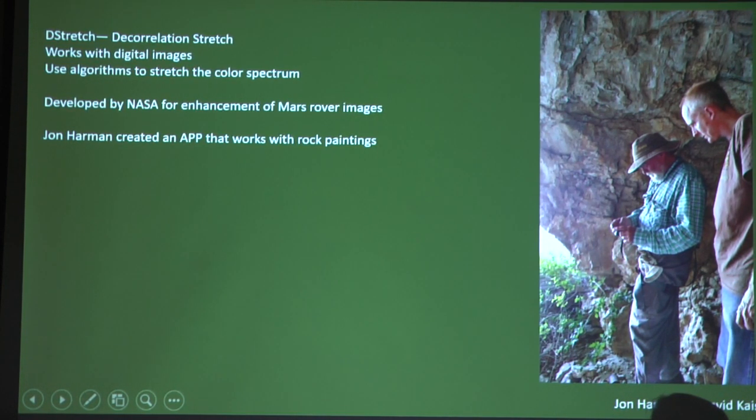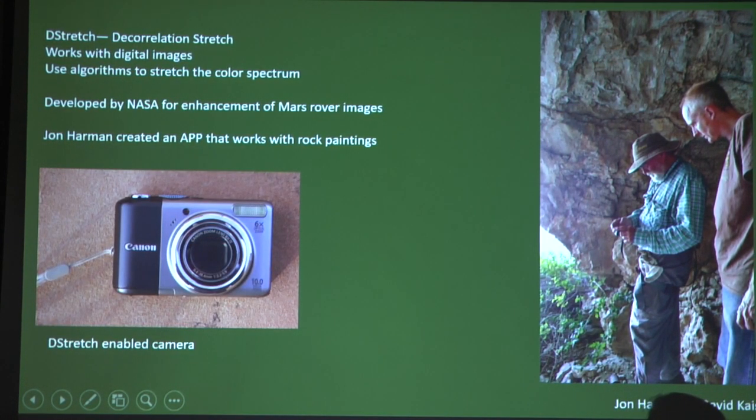When you use this app, you get about 20 different iterations that you can look at. One will make the red better, one will make the green better, one will make the purple better, et cetera, and you can click on them as you go through it.